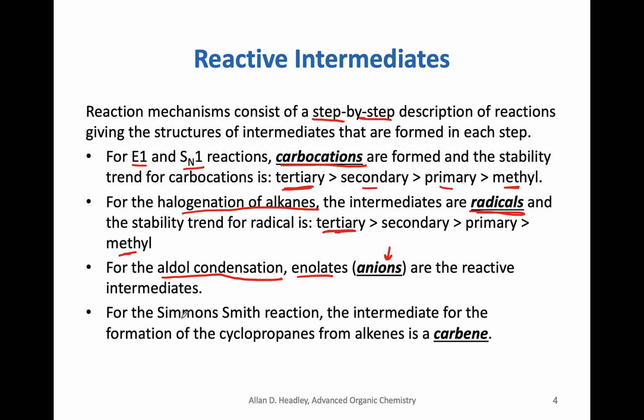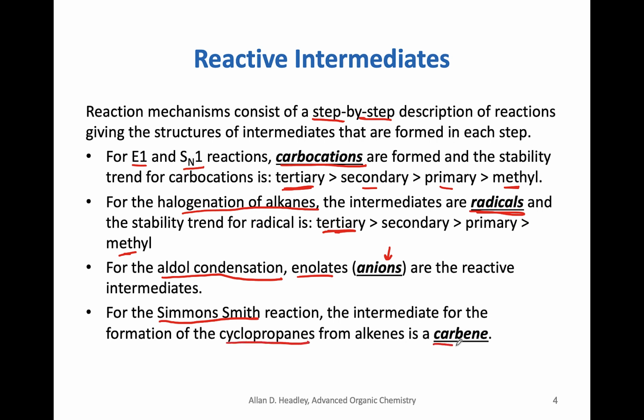You may recall also that we have the reactions in which an alkene reacts to give a cyclopropane, and one specific example is the Simmons-Smith reaction, where alkenes are transformed into cyclopropanes.